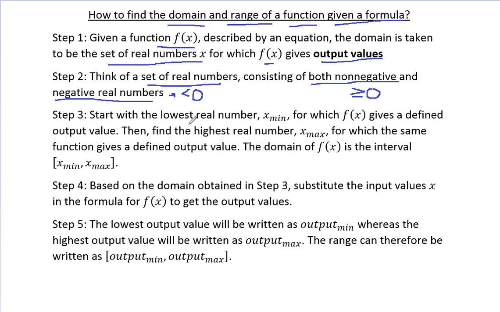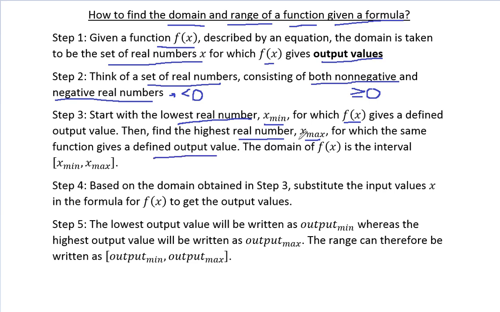First, we will start with the lowest real number, x min, for which f(x) will give a defined output value. If it's less than this, there will be no defined output value, and if it's more than this value, it will still be defined. So this will be the minimum input value. Then we can find the highest real number, x max, for which the same function will also give a defined output value.